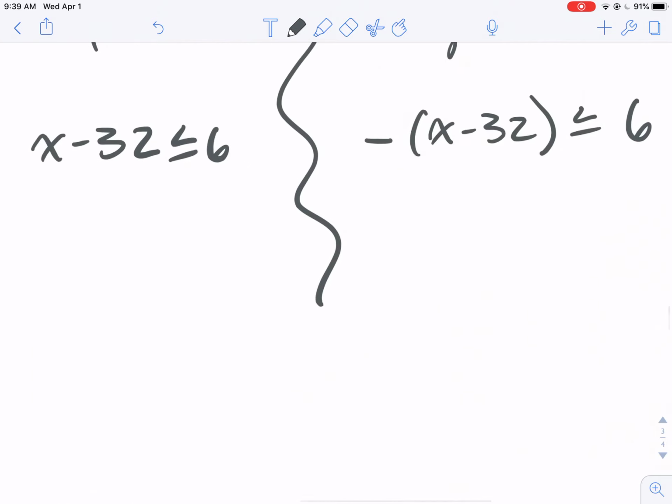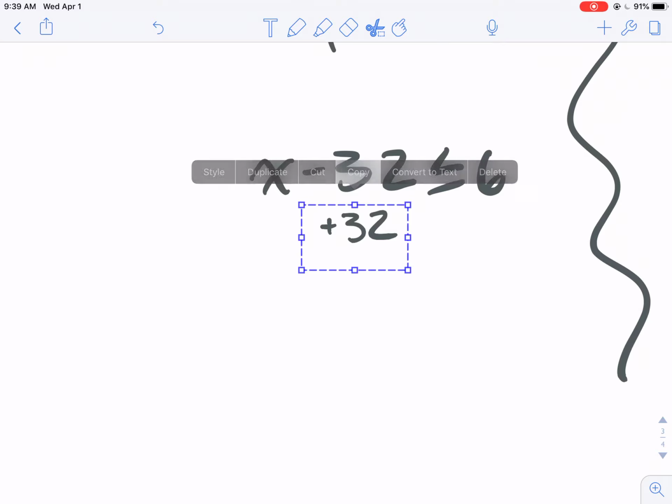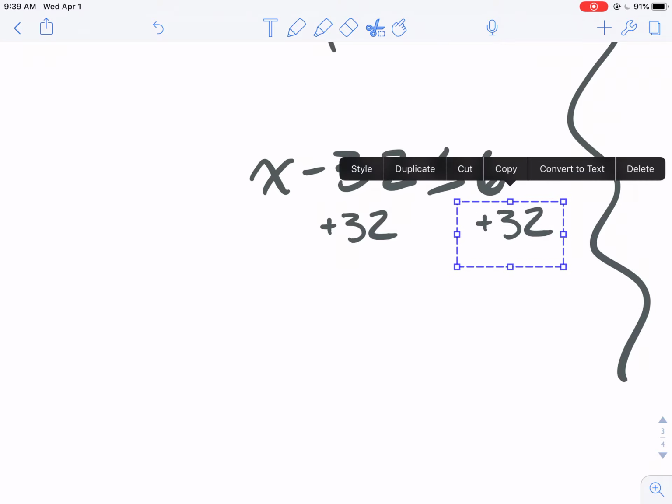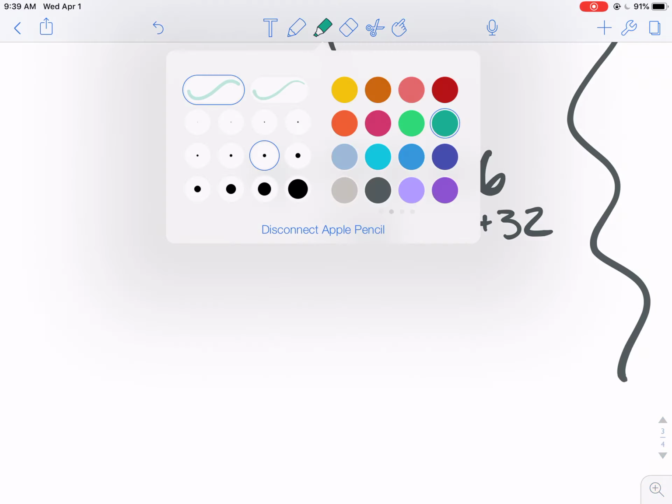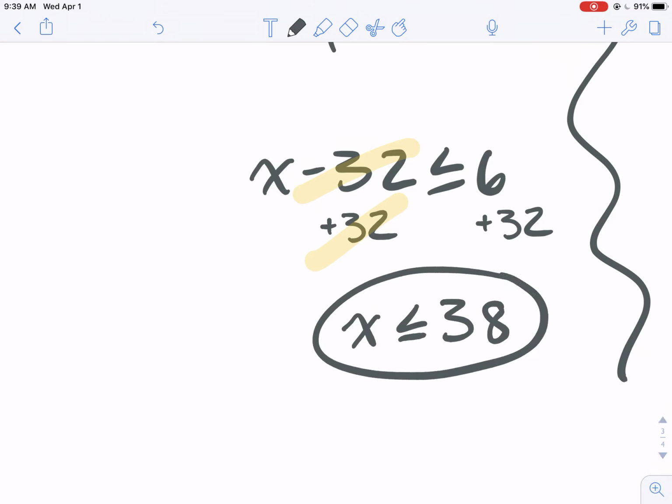Now let's solve them. On this side, we'll add 32 to both sides. These 32s will cancel out. How nice is that? So we get x is less than or equal to 38. So Danny scored up to 38 points. Great effort, Danny.